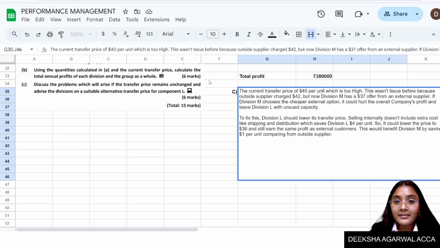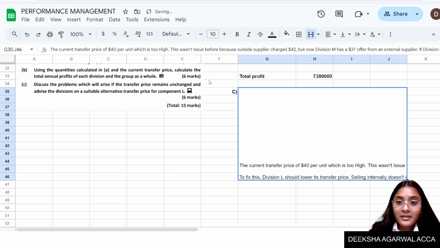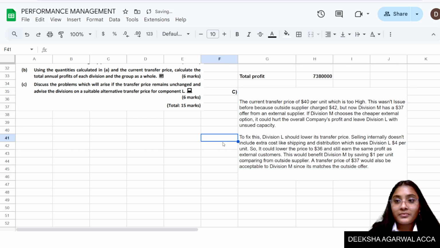Or you can say that a transfer price of $37 would also be acceptable to division M, since it matches the outside offer. So this is how you can write this theoretical answer.